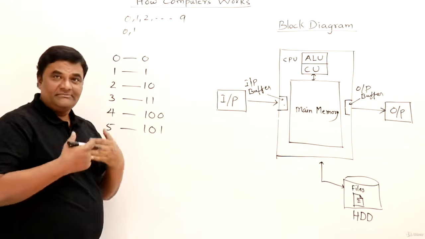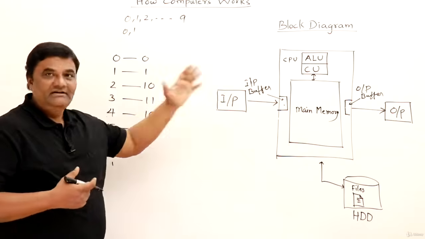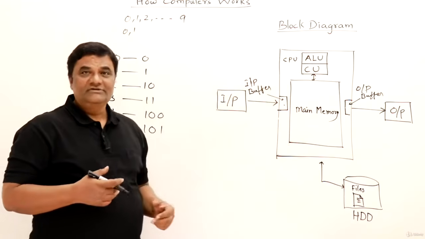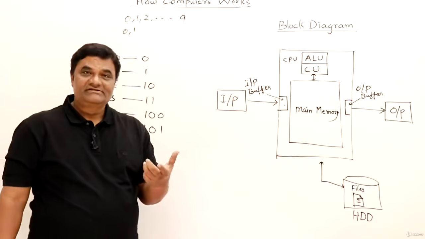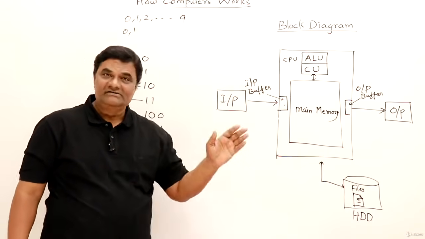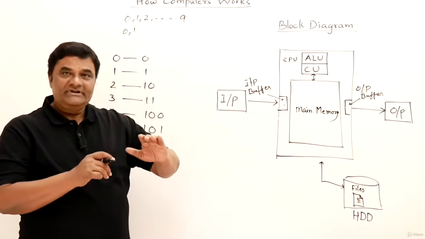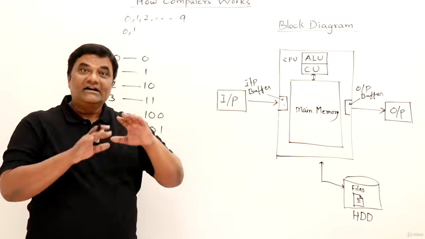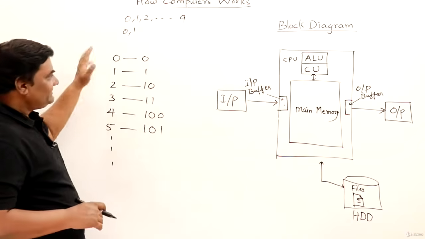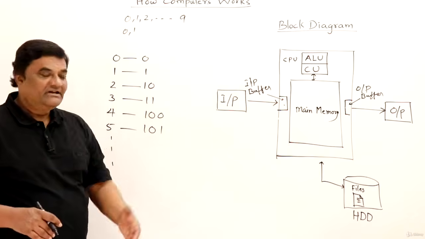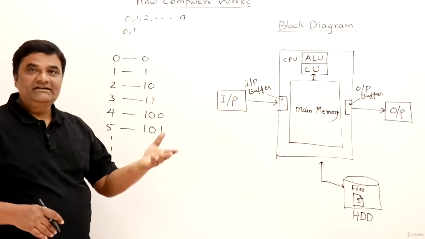Now, based on the decimal number system, we understand that the CPU, or the arithmetic and logical unit, performs operations. So it knows the instructions, it knows commands, like 0 means add. Suppose, assume that 0 means add two numbers, 1 means subtract two numbers, 2 means multiply them.